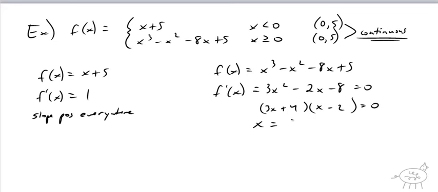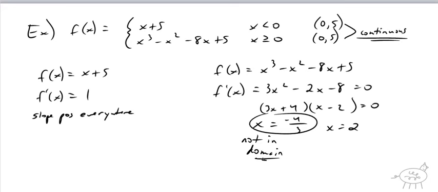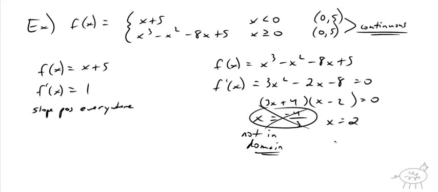So my critical points are negative 4/3 and 2. Well, I want you to understand that negative 4/3 is not in the domain. Because look at it, that function is for when x is greater than or equal to 0. So I don't even have to worry about that point because it's not in the domain.